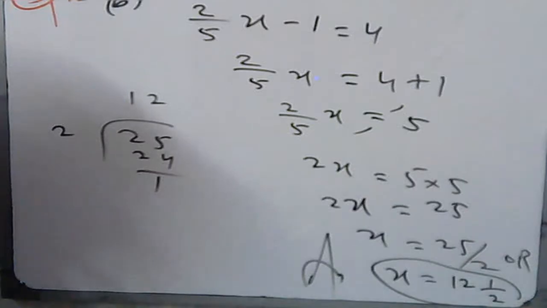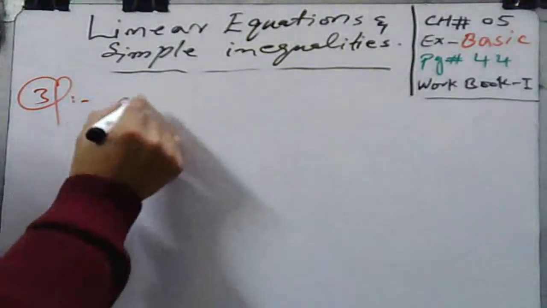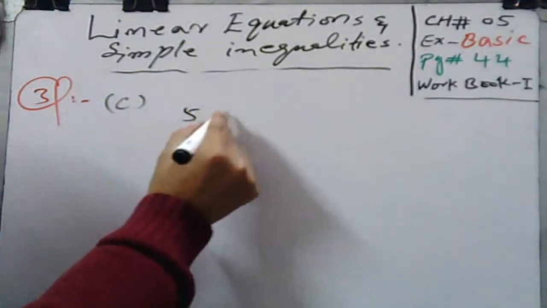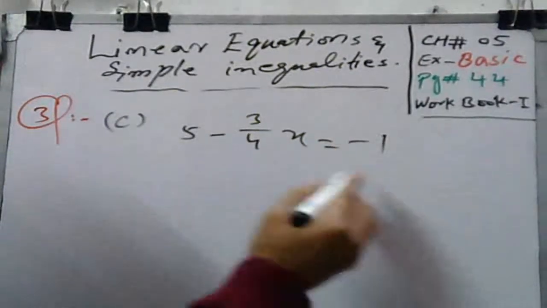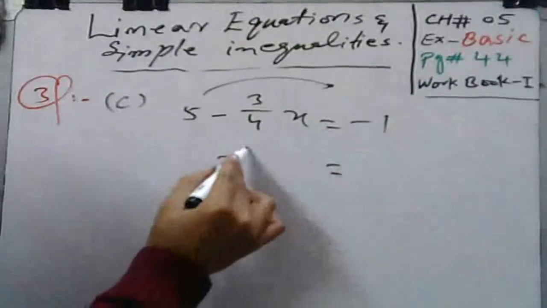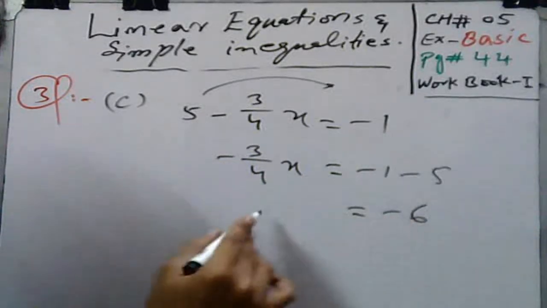Similarly, in C part, 5 minus 3 by 4x is equal to minus 1. So shift this constant term to one side, minus 3 by 4x equals minus 1 minus 5, you will get minus 6. So 3 by 4x.